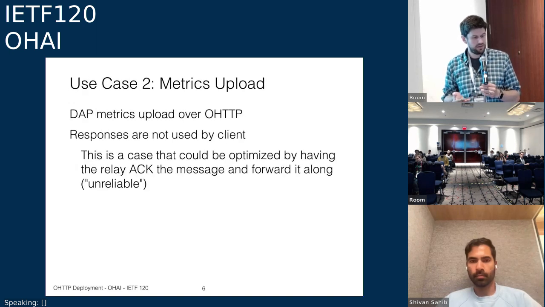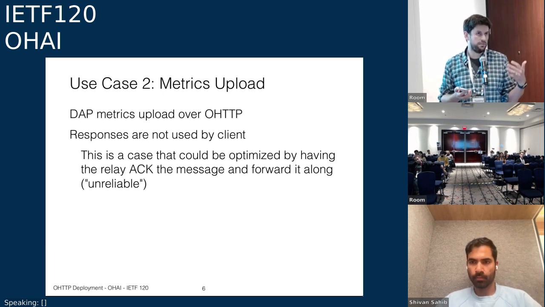There's another case which was actually discussed at the last IETF, I believe, when we were talking about some of the cases where we could have this unreliable OHTTP. This is for DAP metrics upload. In this case, you're just trying to essentially post an upload of things to the server.